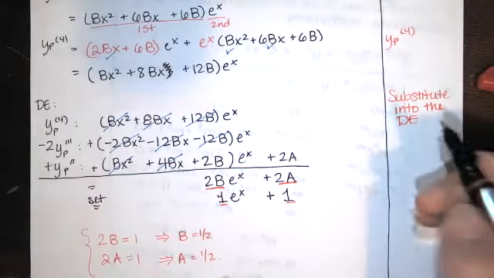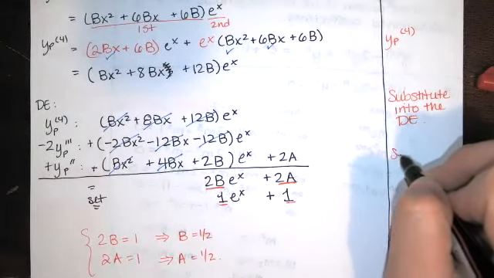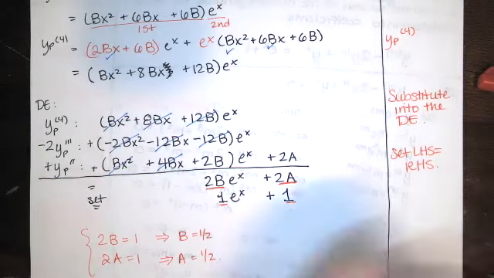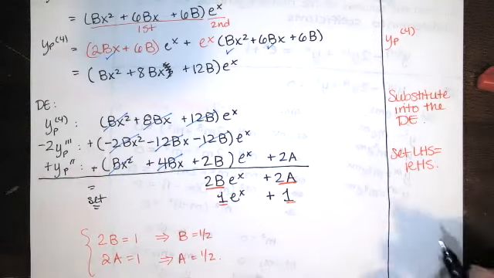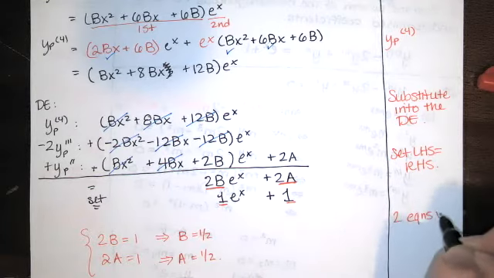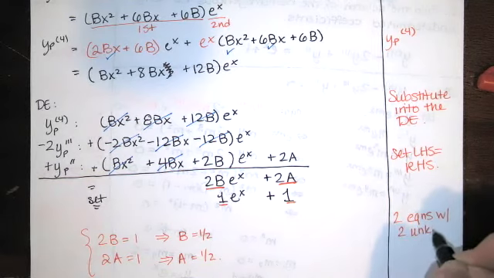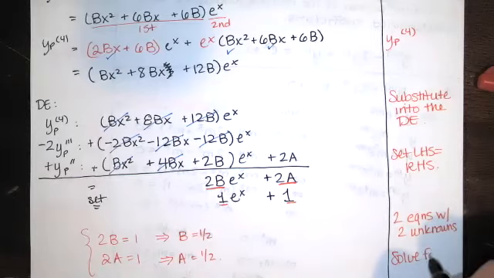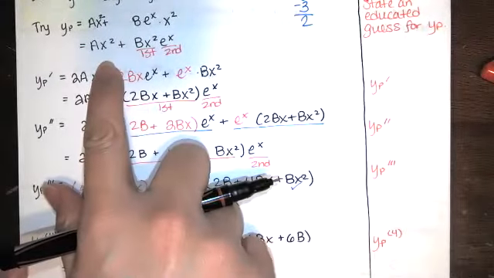So we substitute it into the differential equation, set the left-hand side equal to the right-hand side, set the corresponding coefficients equal to each other because of linear independence, and then you've got two equations and two unknowns. You want to solve those for A and B. And then once you have your A and B, you substitute those into your y sub p.